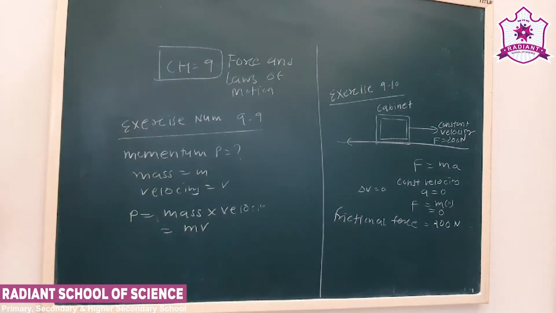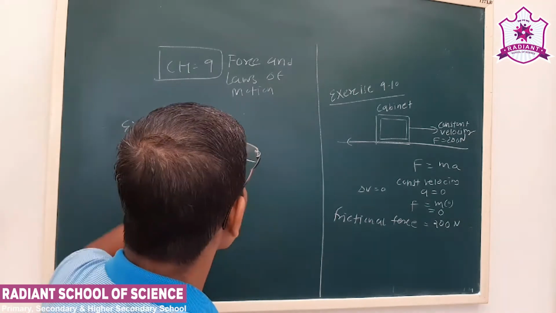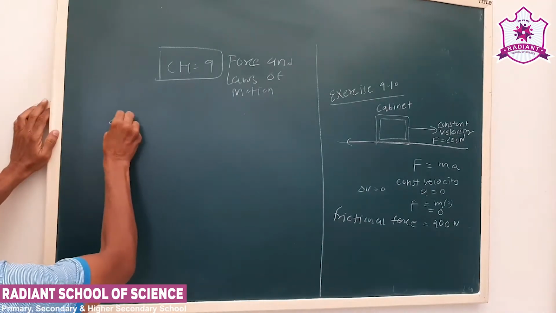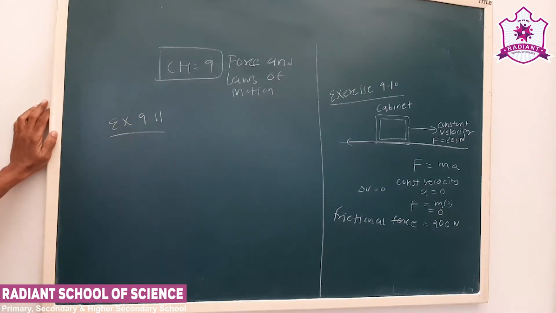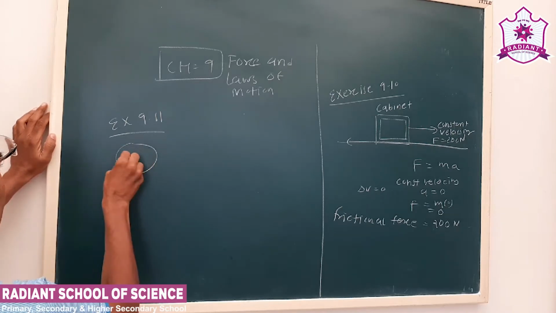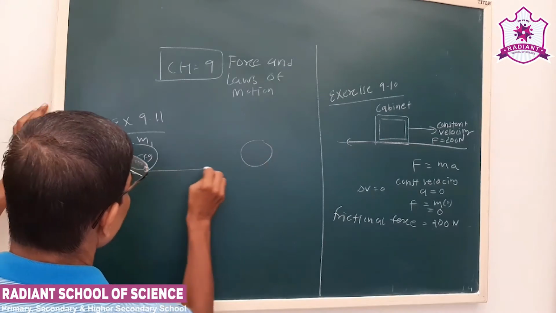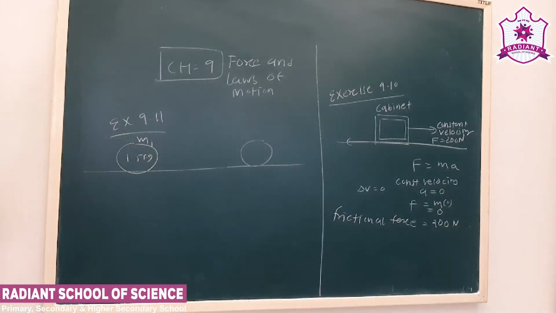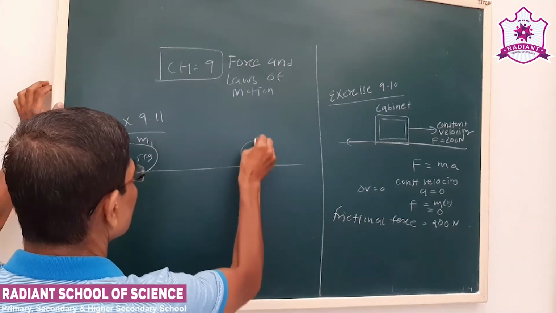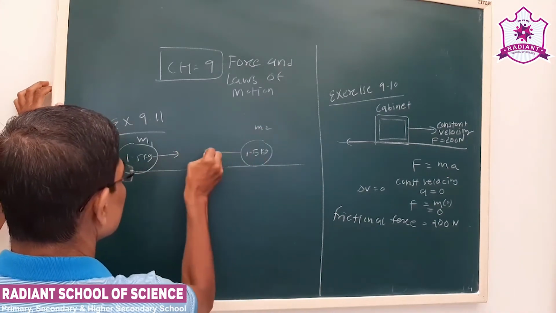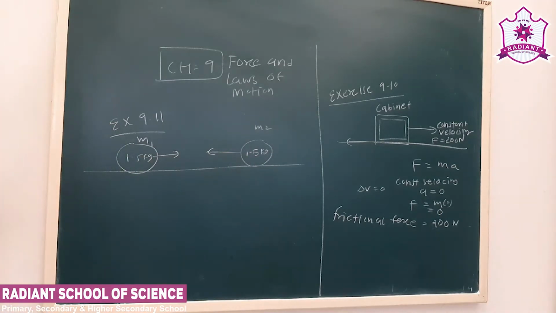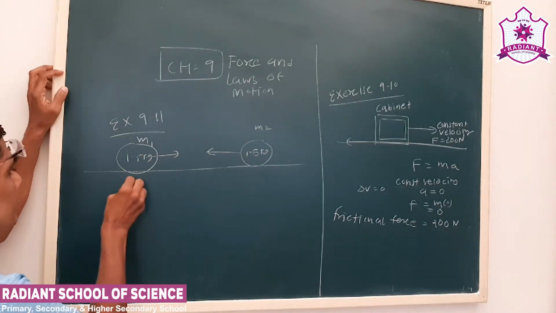Now see the next one, that is exercise number 9.11. Two objects of mass 1.5 kg move on the same line, but in opposite directions.